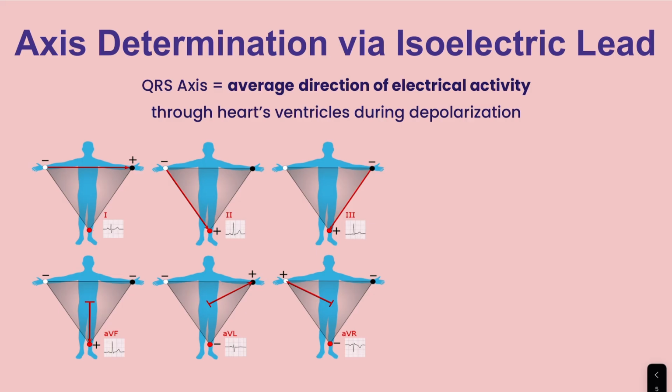So the QRS axis is the average direction of electrical activity through the heart's ventricles during depolarization. What does that mean though? It means if we take the average electrical conduction that we expect, it goes from the upper right side at the SA node down towards the apex of the heart and then around. Even though the signal is going all over the cells so that we can have a contraction, remember we have a depolarization wave.